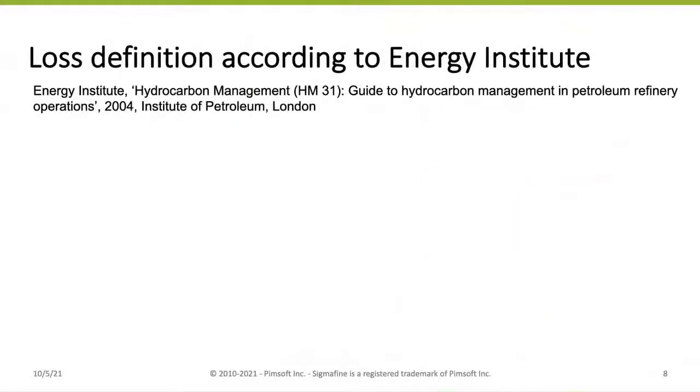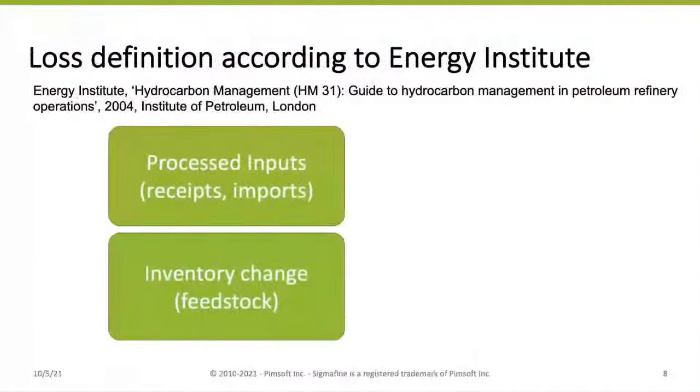We have identified already some important reasons why we should care about refinery losses. But what do we mean by loss? In this presentation, we will always refer to the definition and approach given by the Energy Institute, and more specifically to the HM31 guidelines. If we analyze a facility, on one side we have the inputs consisting of the processed inputs, such as receipts, imports, and the changes in the inventory of the feedstocks.